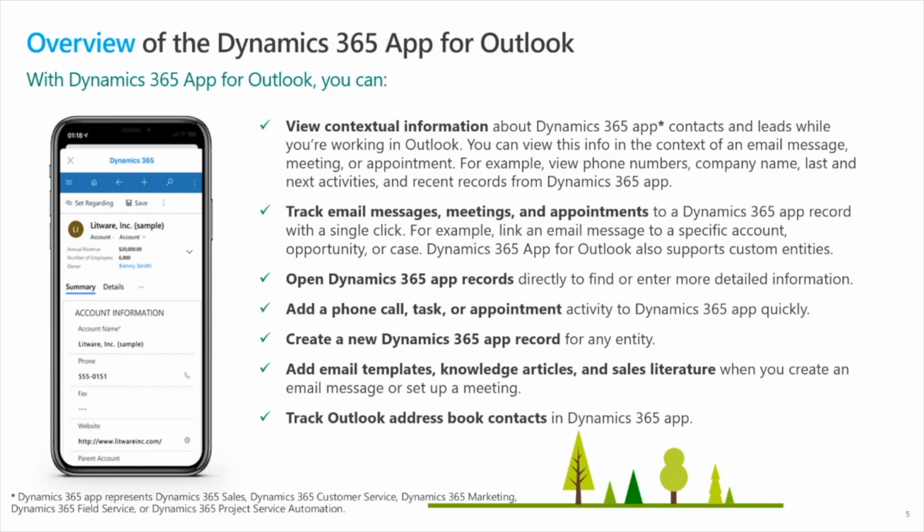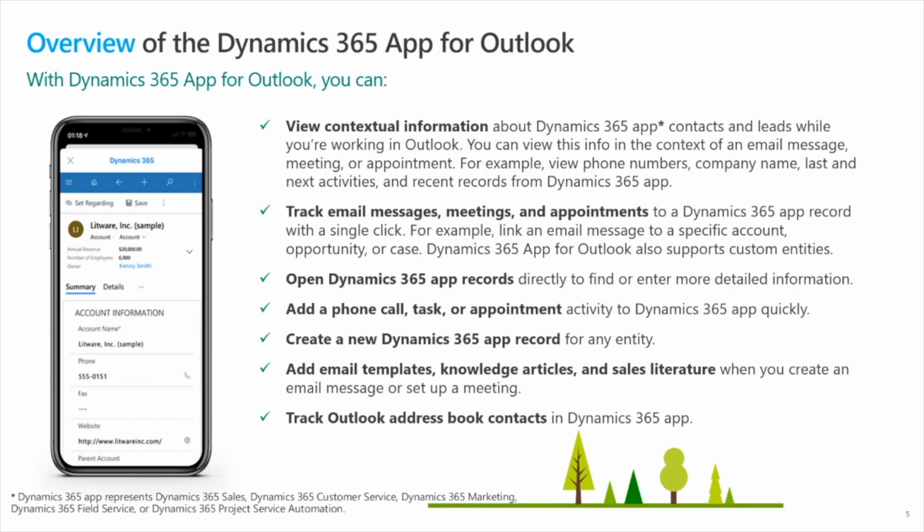It also allows, of course, users to track email messages, meetings, and appointments to records in Dynamics 365 in a single click. You can open Dynamics 365 records directly from the app to find or enter more detailed information. You can add seamlessly phone calls, tasks, or appointments to Dynamics 365 records right from the app. You can create new records using the quick create feature.